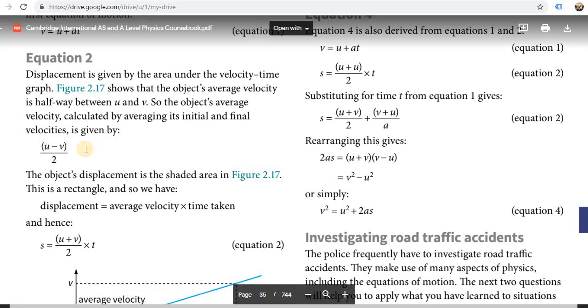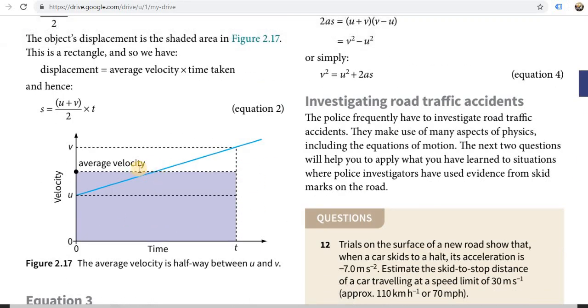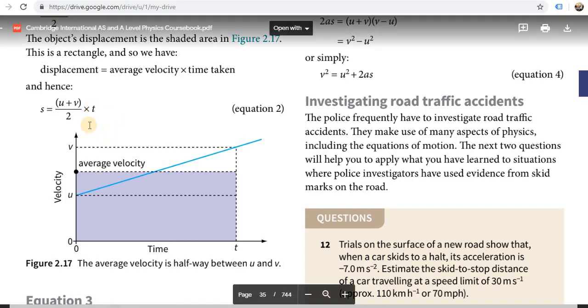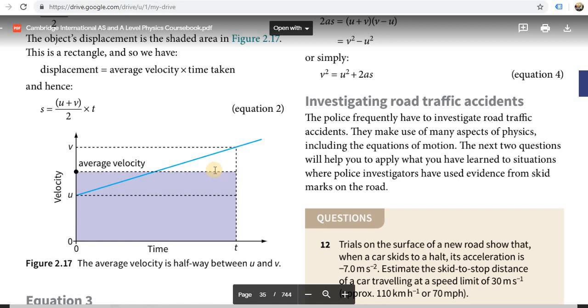We already know that, okay, let's go into this directly. The displacement is the average velocity times the time. Displacement is velocity times time, and this is the average velocity. How do you find the average velocity? Again, the displacement is the area below the line, and the area below the line can be found like this.